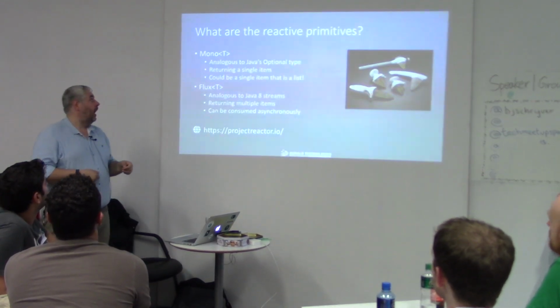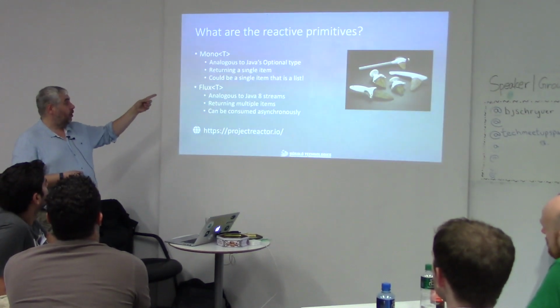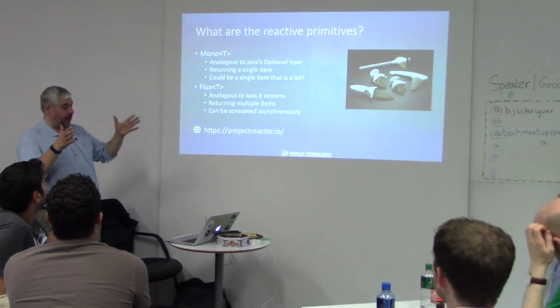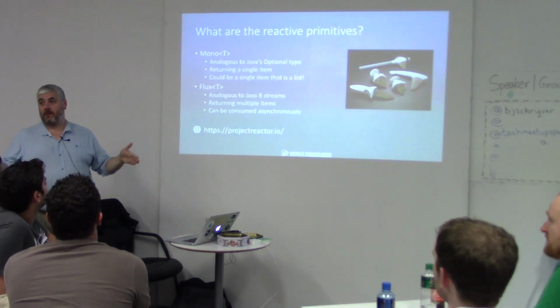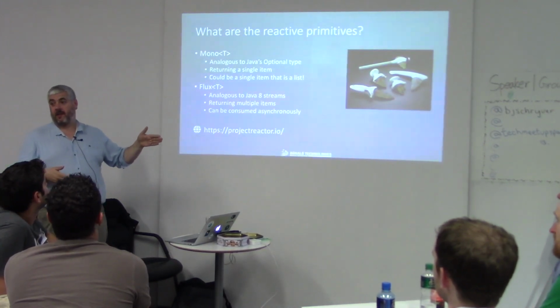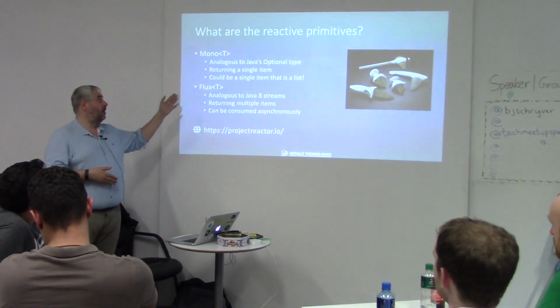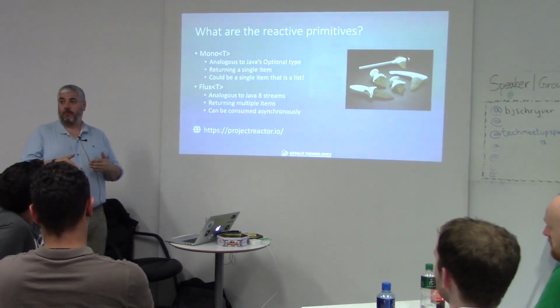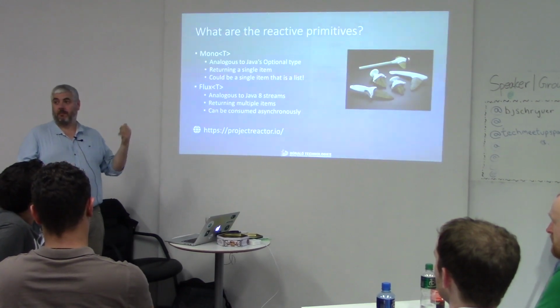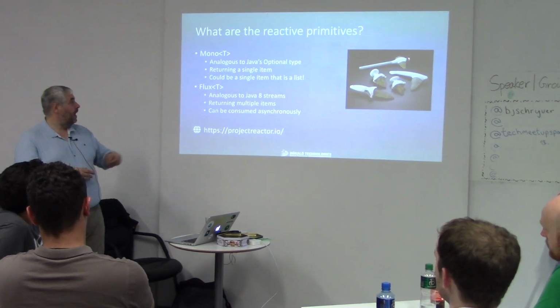Even though it is a single item, it could be a single item that's a list. So some people still respond with lists and maps and things like that. But ideally, if you've done a create, update, or get request for a single item, you'd use a Mono.